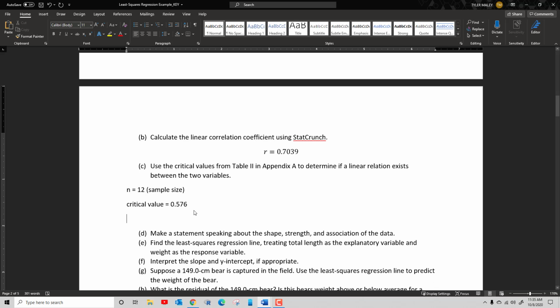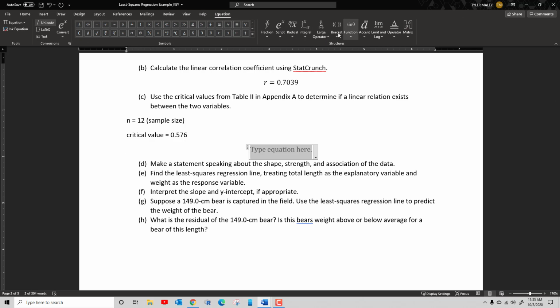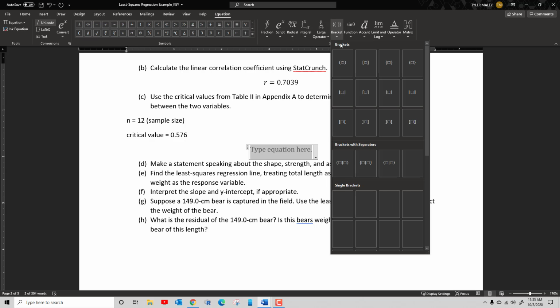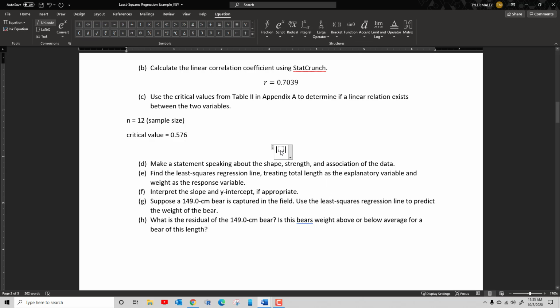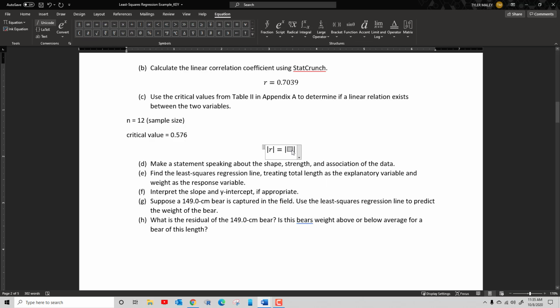If I insert an equation here, we want absolute value symbols. So the absolute value of R, which is equal to the absolute value of 0.7039, equals 0.7039, which is greater than the critical value, which equals 0.576.